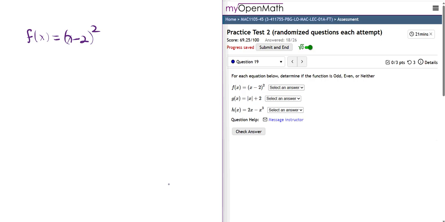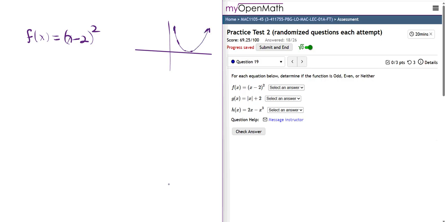All right, for each equation below, determine if the function is odd, even, or neither. There's a couple different ways we could approach this, and we'll approach it both ways. So looking at f of x first, which is (x minus 2) squared, my first thought was that it is a parabola shifted to the right 2 units.